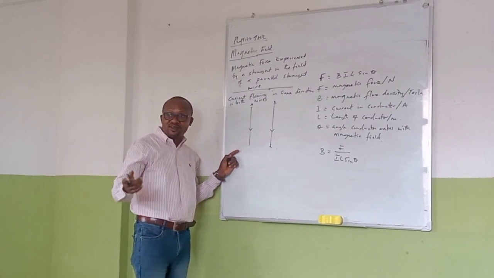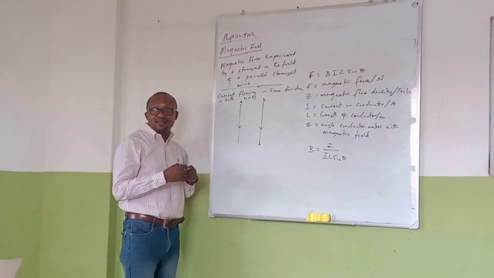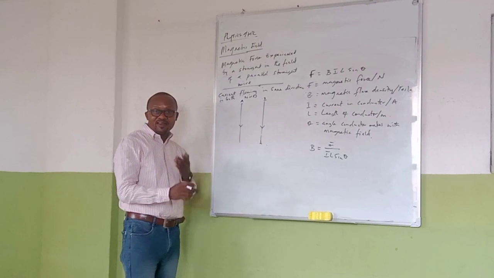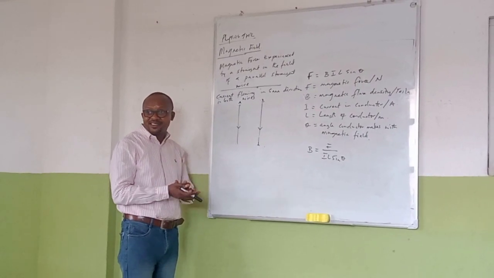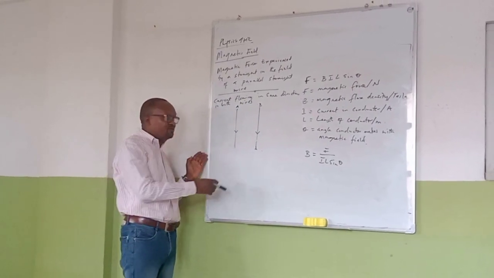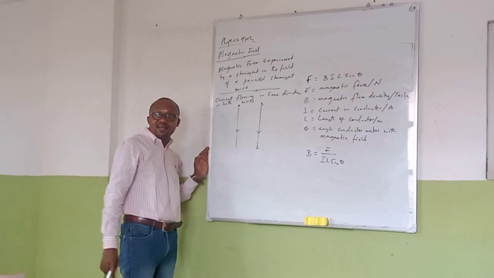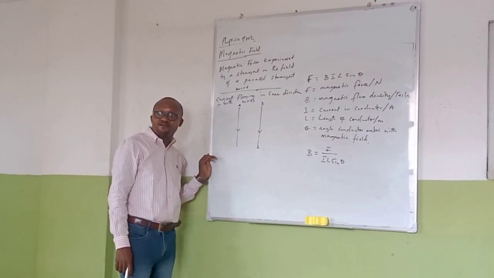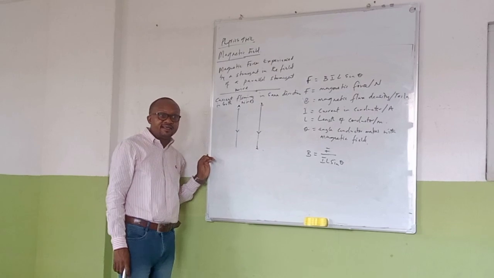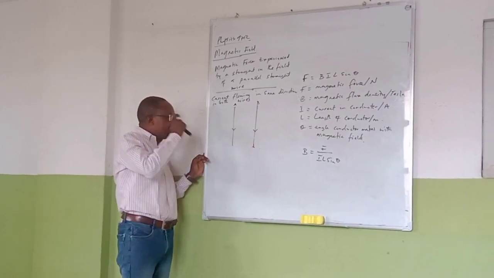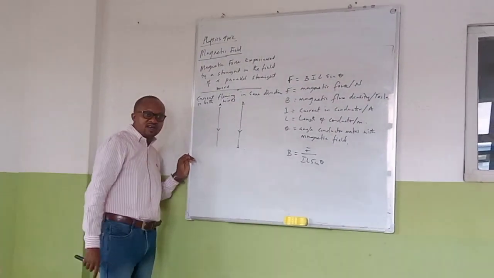You were there when we were discussing that. The magnetic field around wire A will be in one direction.